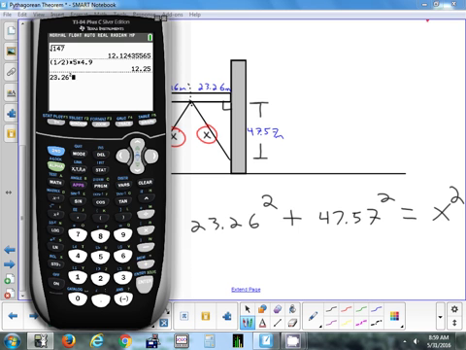23.26, square it. 541 point, if I round to 2 decimal places, what would that properly round to?